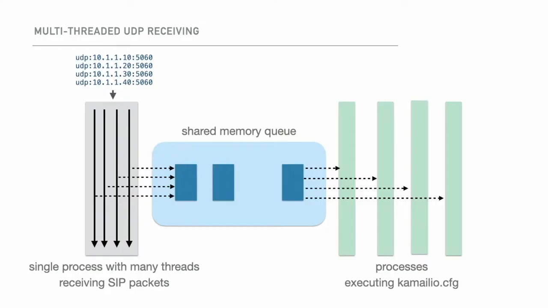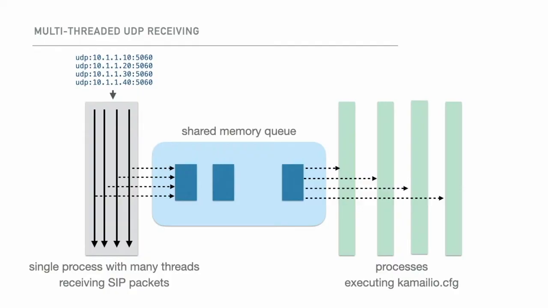It's a single process whether you have 3 UDP sockets or 100; they are threads inside that process that read the packets, push them into a shared memory queue, and they are consumed based on availability by a group of processes executing the config file.